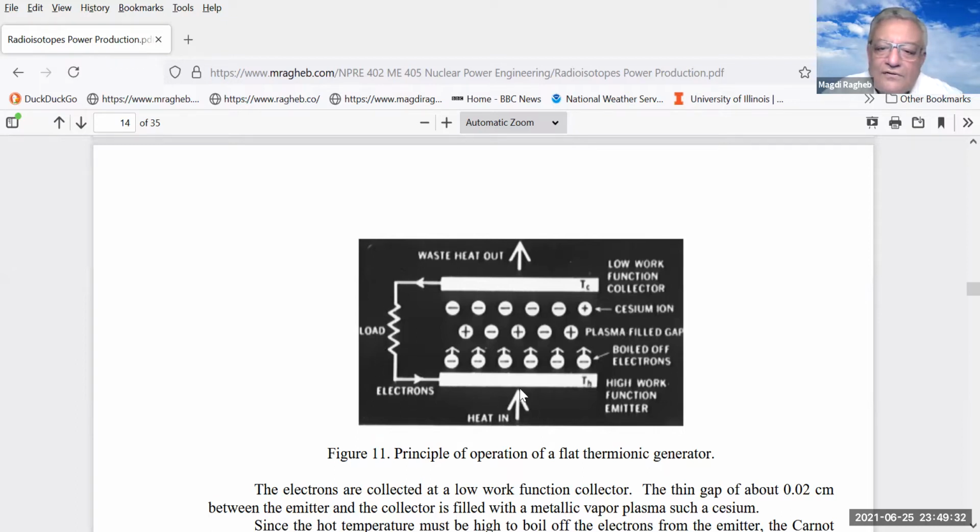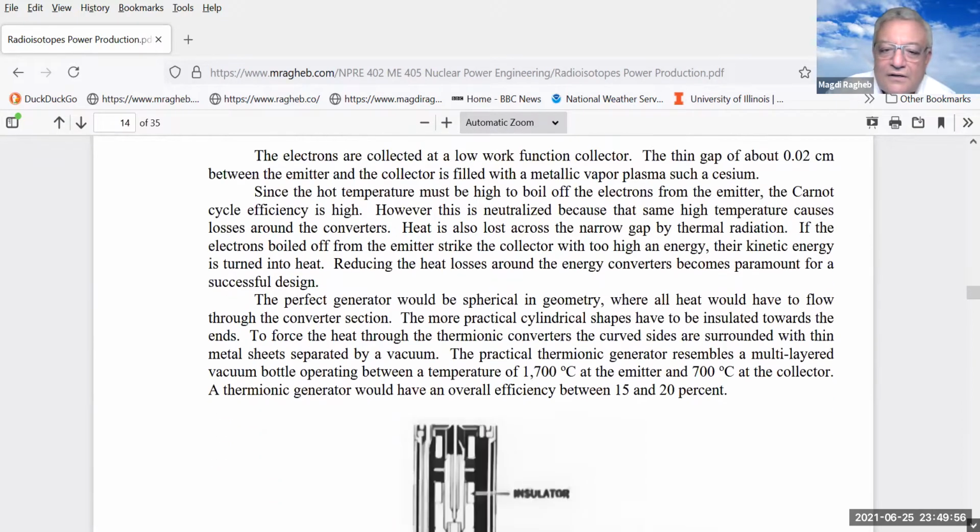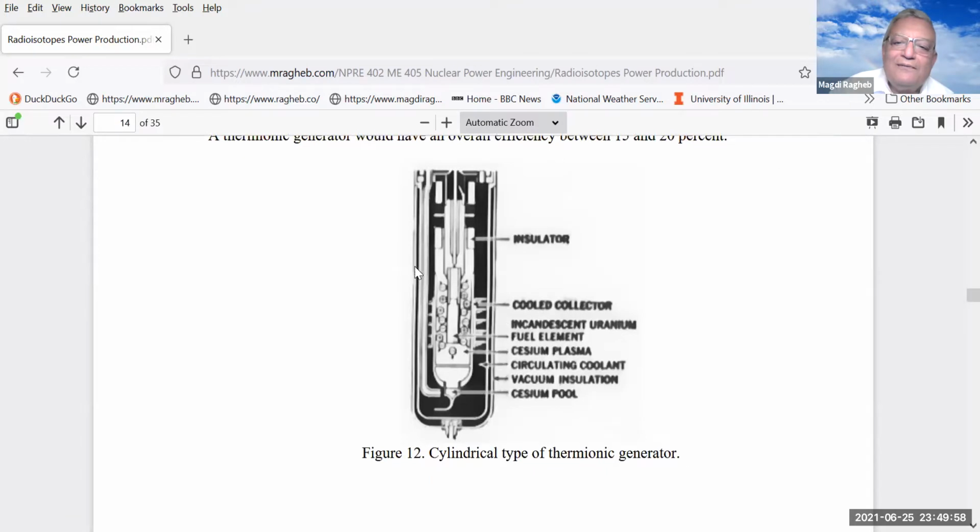So all you need is the heat in from the radioactive isotope, and then it is not waste heat, but it's radiative heat. So in that case, the material would be what's called the low work function collector, and the heat itself is generated by a high work function emitter of the electrons in general. So that would be a thermionic generator. And it looks like a light bulb here. You could see here, all you need is a cool surface and a hot surface to create a current out of a radioactive isotope.